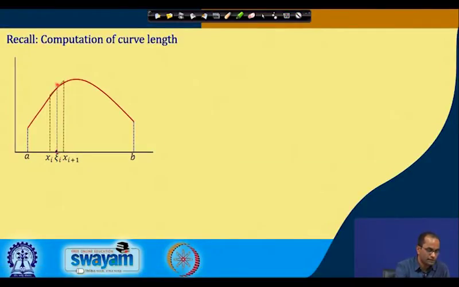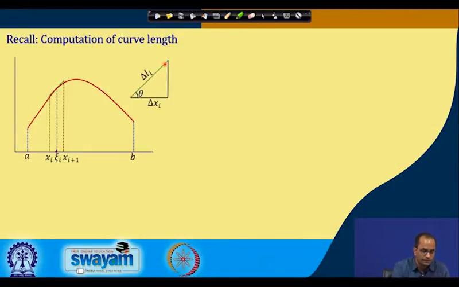Corresponding to this point xi_i, we draw a tangent at the point (xi_i, f(xi_i)). If we add the lengths of this tangent for all the intervals, and later take the limit as the width of these intervals goes to 0, we will end up getting the curve length.